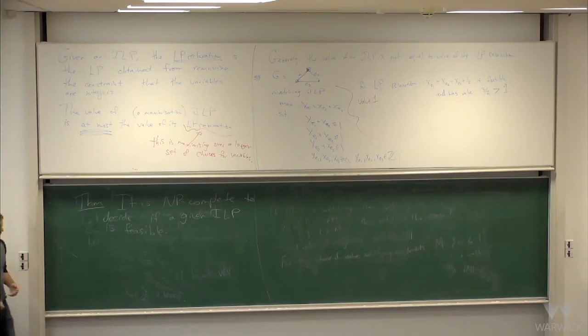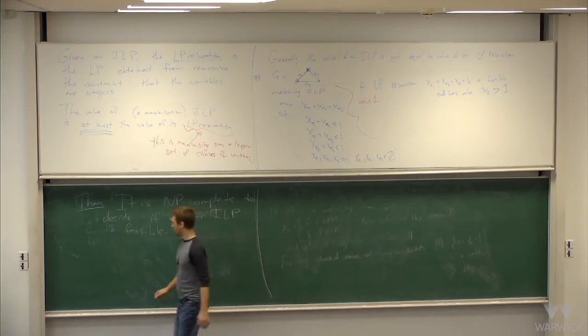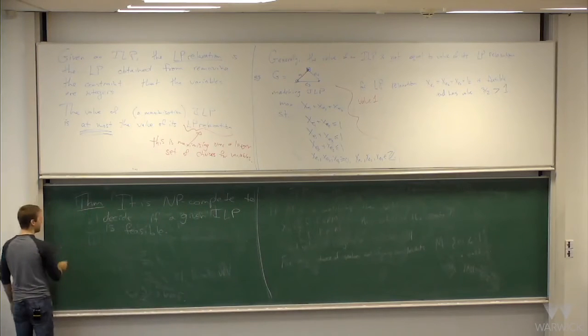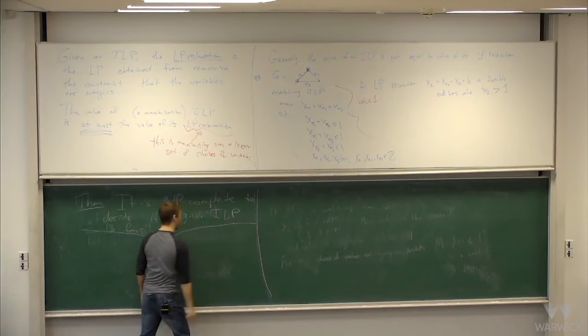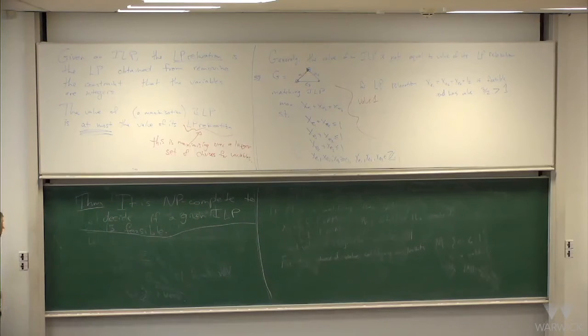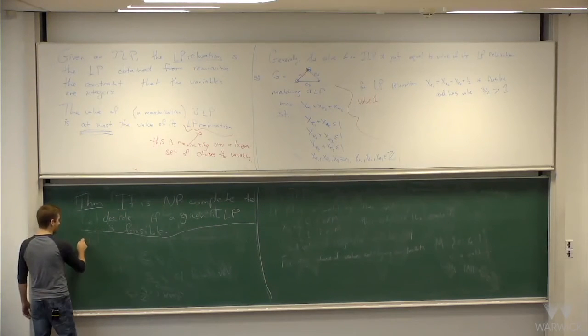So if somebody gives you a general integer linear program and asks, is there at least one feasible point, that's a hard problem. In particular, finding the optimum of an integer linear program is also going to be a hard problem. Maybe I won't give a completely formal proof with all the details, but let me give you a sketch.